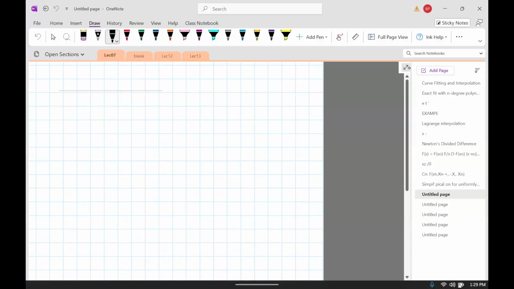So here is how these equations will look. First we have the Newton-Gregory forward interpolation.